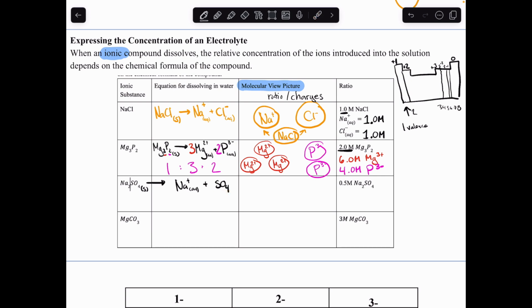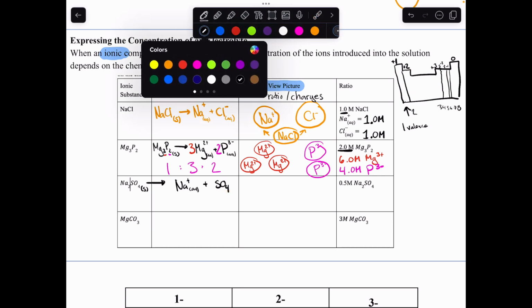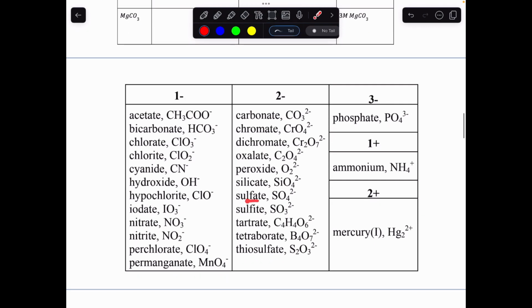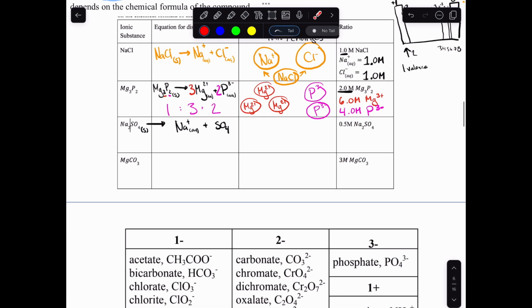Now, there are 2 ways you could figure out the charge of this SO4. One is you could look on the chart, find SO4 and see that it has a 2- charge. The other way is to work backwards from the fact that we have 2 of these that are going to break apart. If they both have a +1 charge, this is +2, and ionics have to be balanced, so that must mean this has a 2- charge.